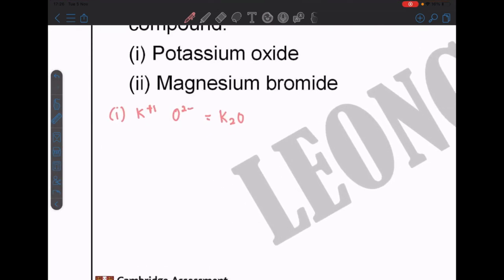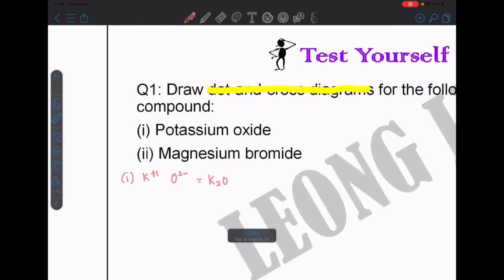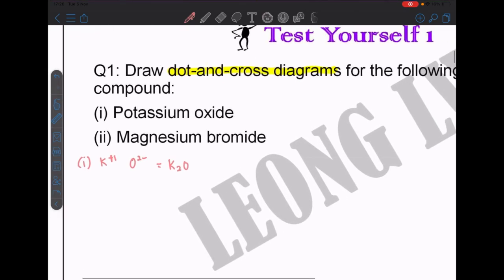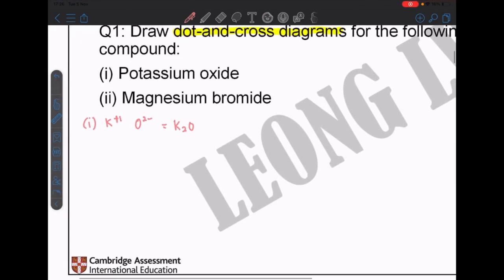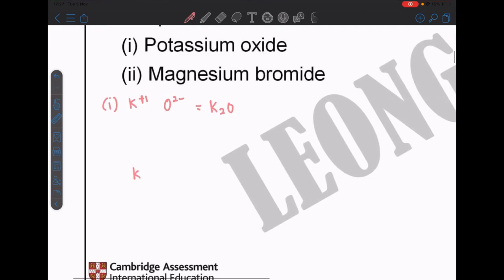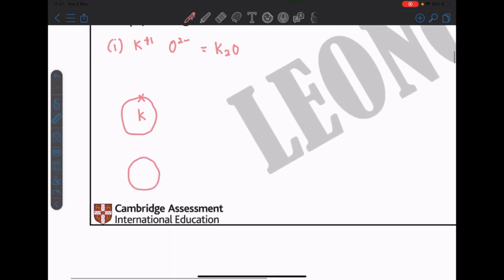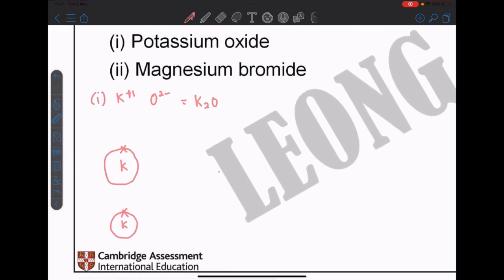And we have atomic number 19, but if we consider dot and cross, that means only considering the outermost shell, so we would have this K and this K. And for oxygen, we would have 1, 2, 3, 4, 5, 6 only.